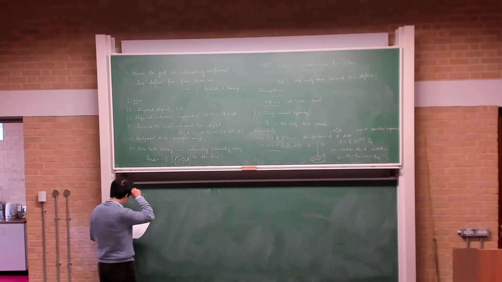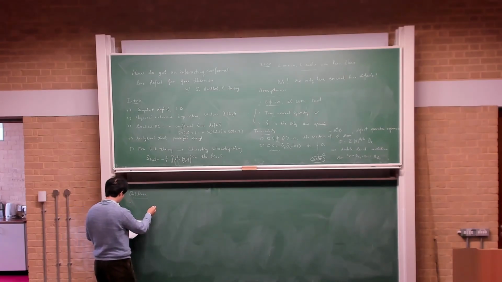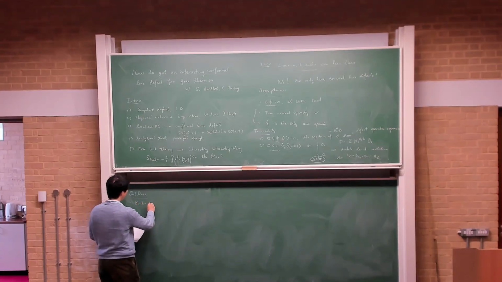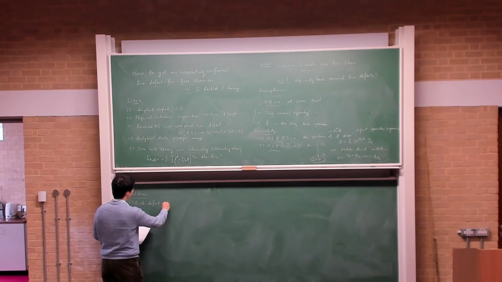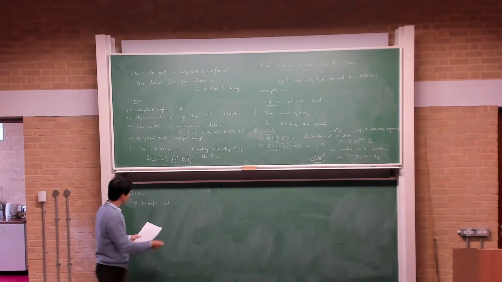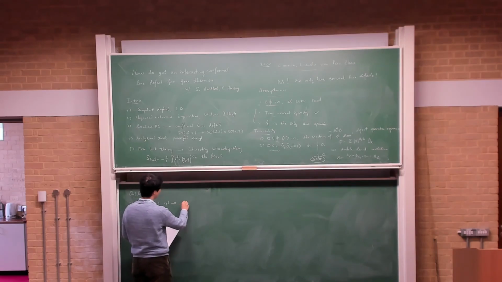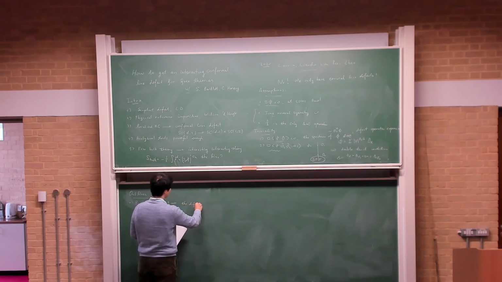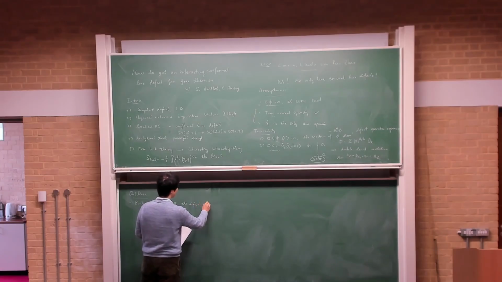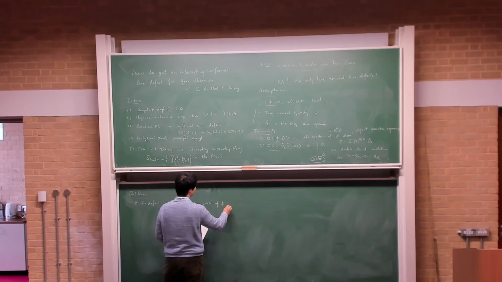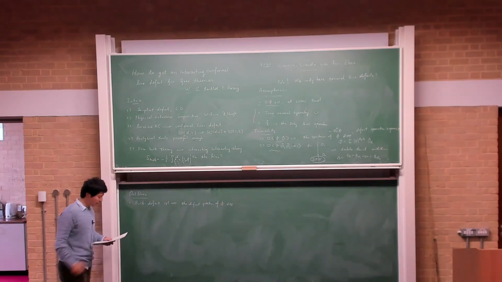My outline today will be, first we will basically analyze again this bulk defect two-point function. And by analyzing this, we can actually get the defect spectrum that appears in the defect OPE of the bulk scalar field.